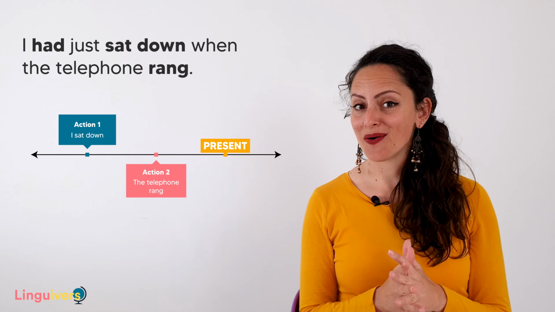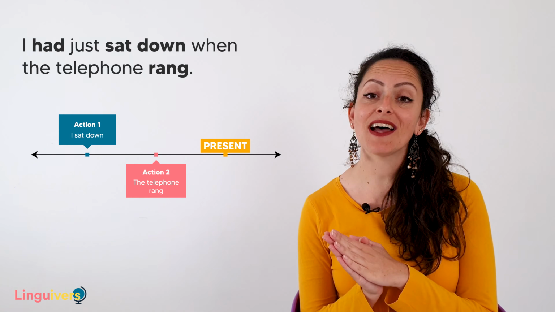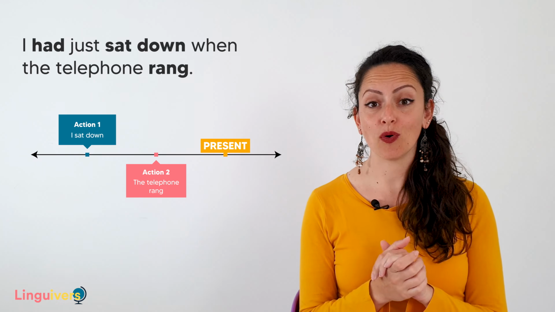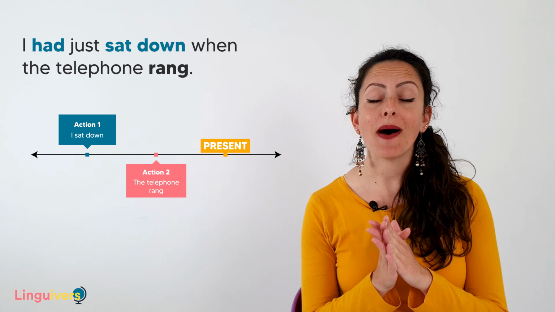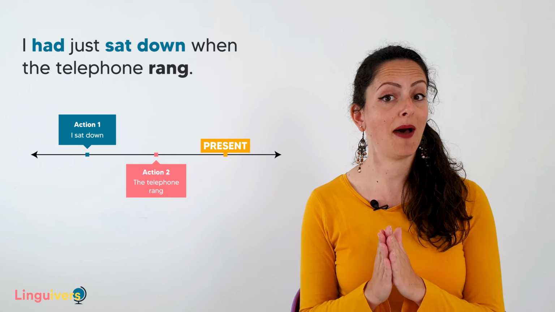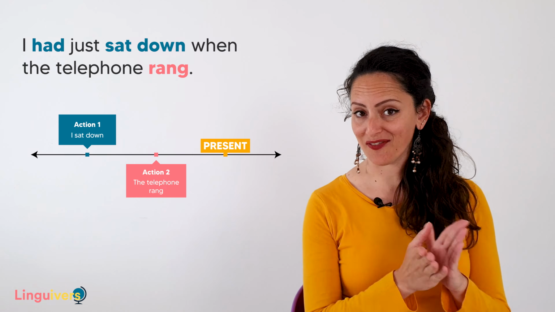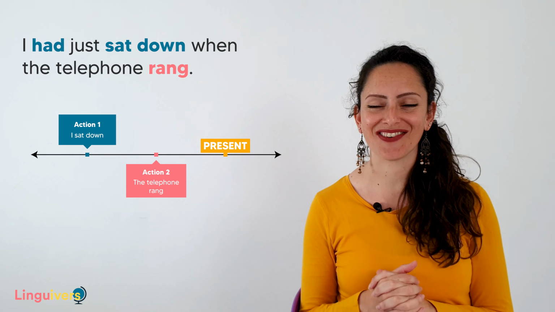As you can see, both actions happened in the past. But first I sat down and after that the telephone rang. And the way to make very clear what the chronological order of those events is by using the past perfect with the action that happened first and the past simple with the action that happened after. I had just sat down when the telephone rang.